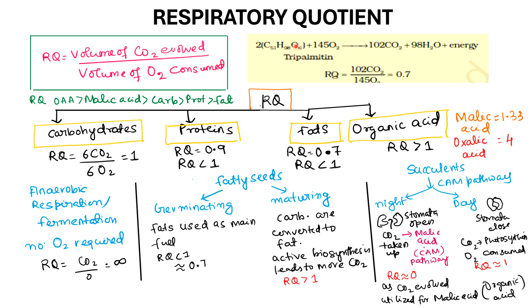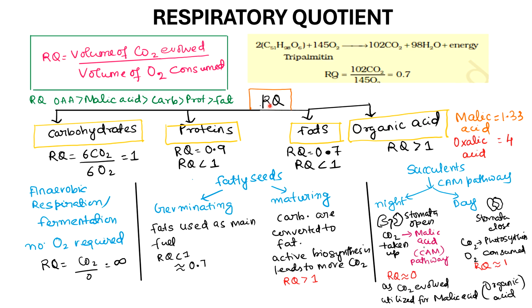Now let's come to the final part of the respiration unit, that is the respiratory quotient. Now what is respiratory quotient? Respiratory quotient is the volume of carbon dioxide evolved in a reaction divided by the volume of oxygen consumed in a reaction.